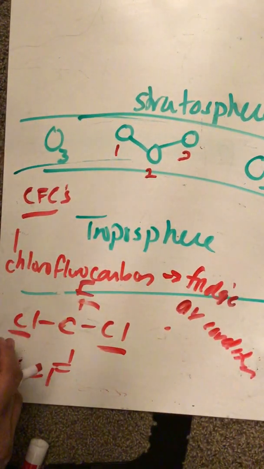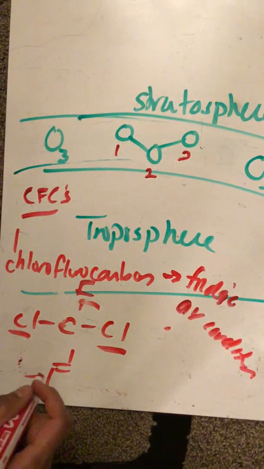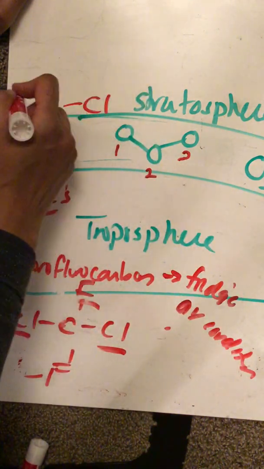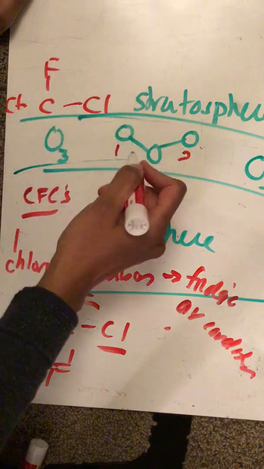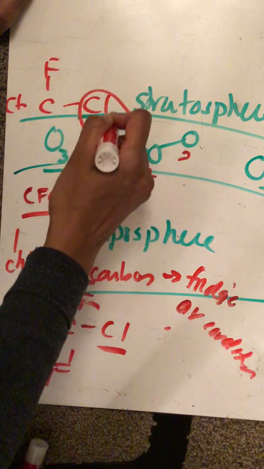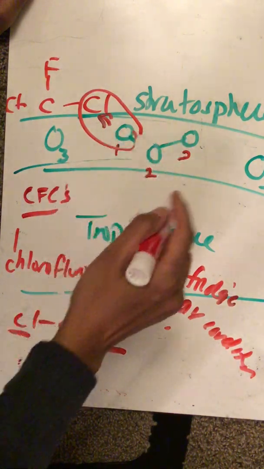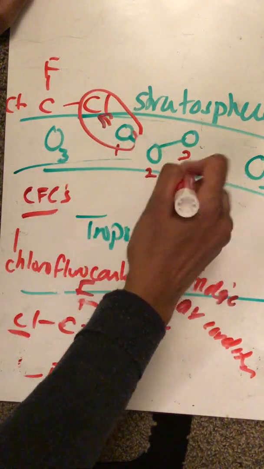In fact, they banned them because when chlorofluorocarbons come up into the air and go into this stratosphere, the chlorine pulls the oxygen away. See that? Pulls the oxygen away. So now this O3 becomes O2.